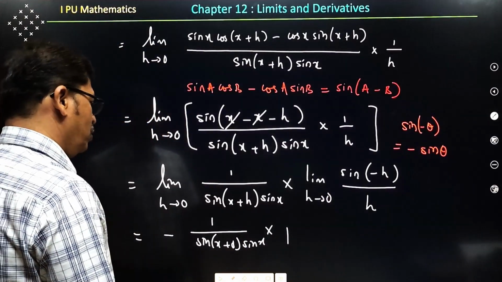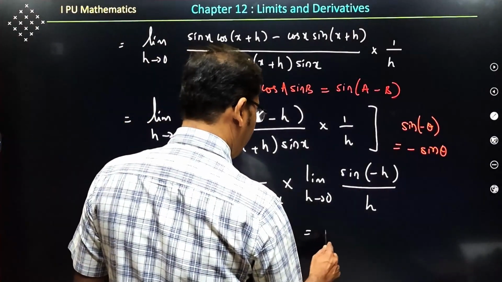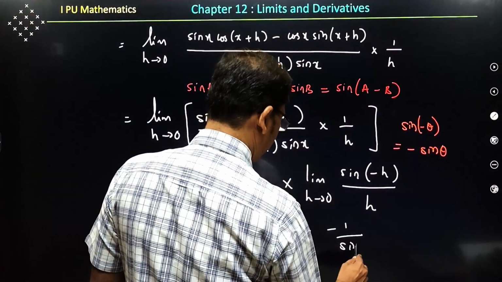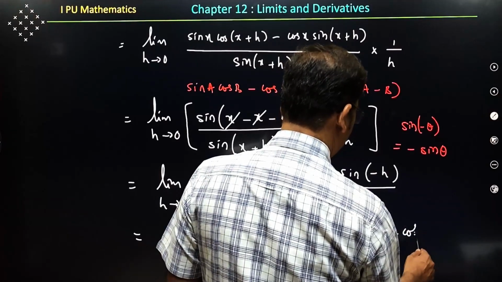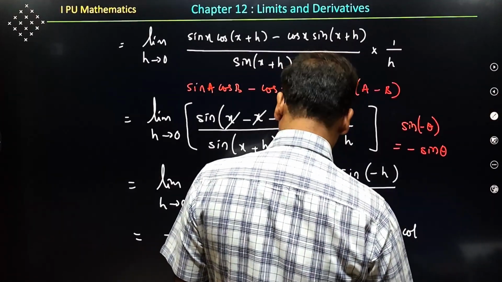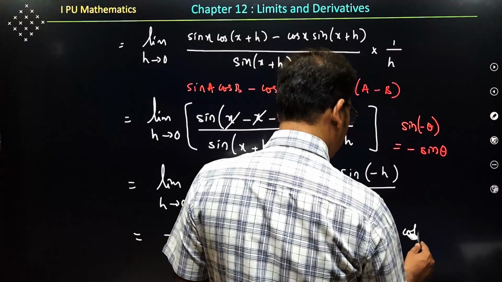So minus 1 upon sin square x. If you take it to the numerator, it becomes minus cosec square x.